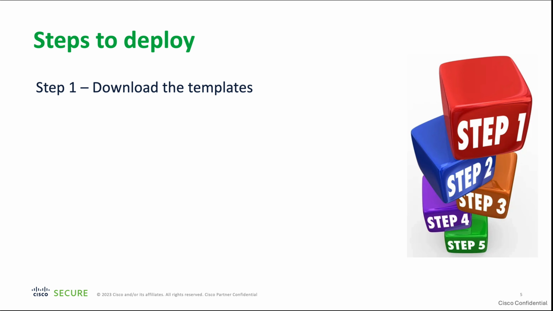All right, let's get started with the first step of the deployment, which is downloading the CloudFormation templates provided by Cisco. As I mentioned, Cisco provides a set of pre-built AWS CloudFormation templates that automate the complete deployment of the FTDv cluster along with auto-scaling. These templates handle everything from creating all the AWS resources to deploying the gateway load balancer, target groups, auto scaling groups, and also the FTDv instances themselves.